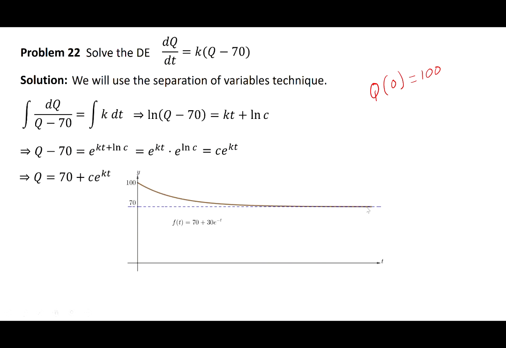And when it reaches steady state, it has the temperature of the room, which is 70 degrees. And it's an exponentially decreasing curve. Initially, the temperature drops fairly quickly, but it takes a fairly longer time to actually come to the room temperature. So that's the nature of this.